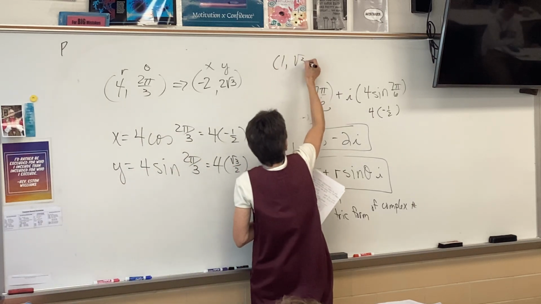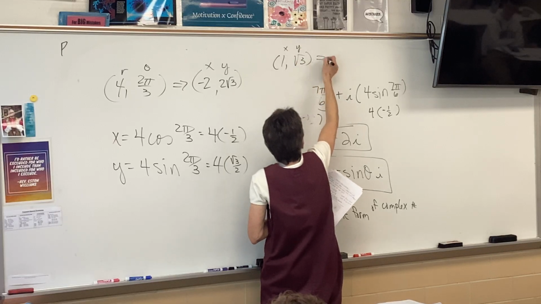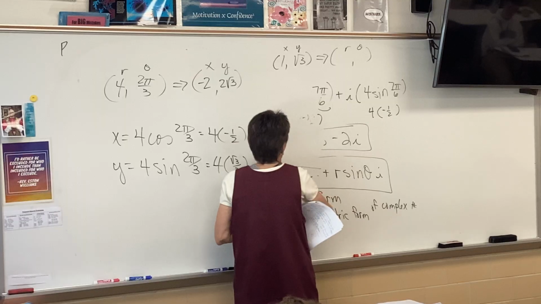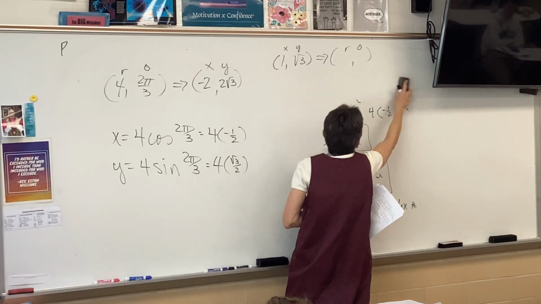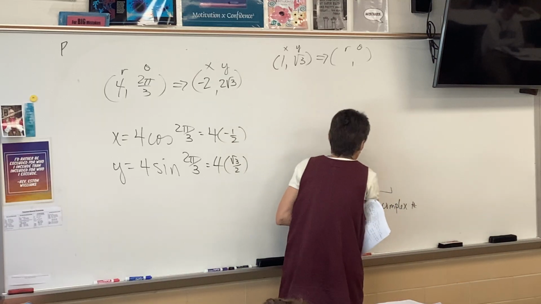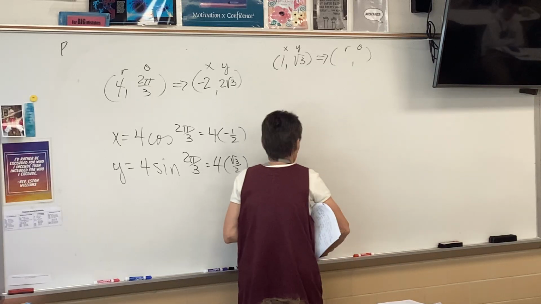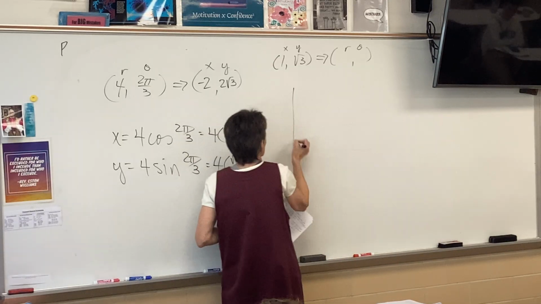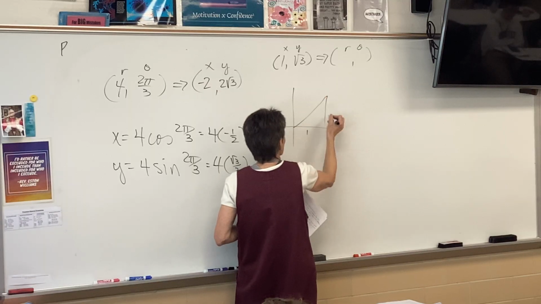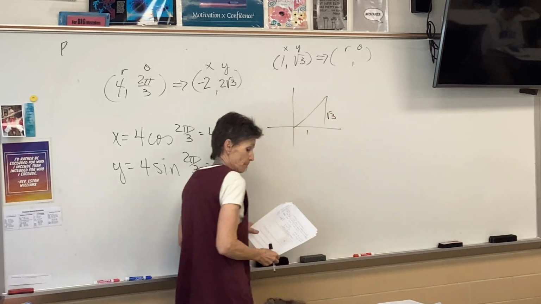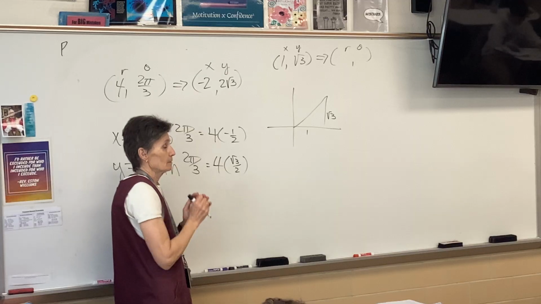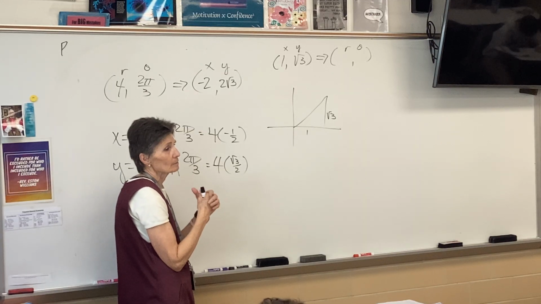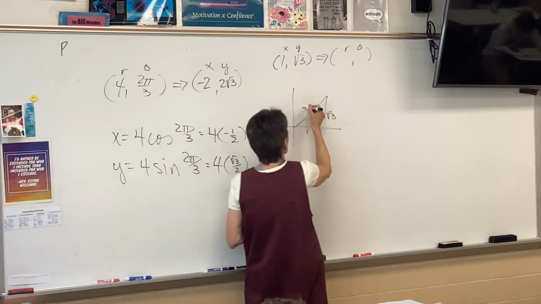Go the other way. 1 comma root 3 is rectangular, and we want to change it into polar. So I love what Caitlin did earlier. She said, okay, here's my situation. X is 1, Y is root 3. What's R? Yeah, that's 2.